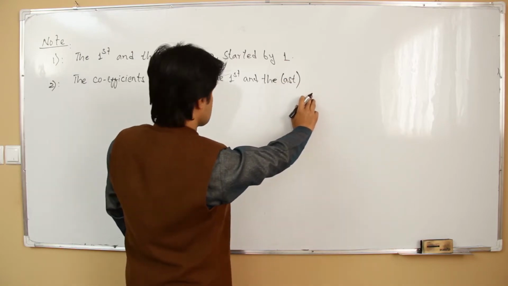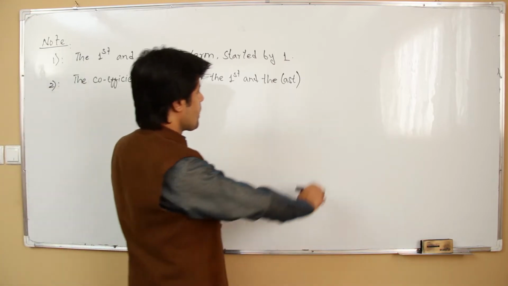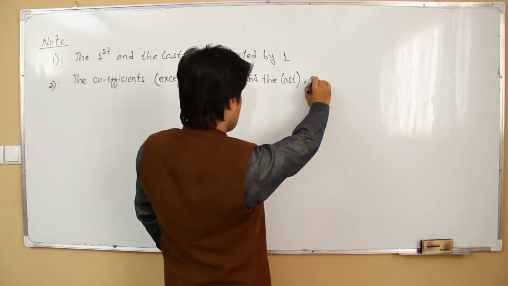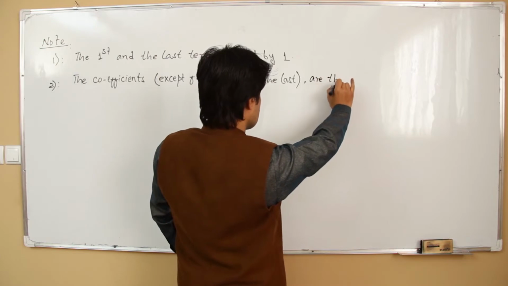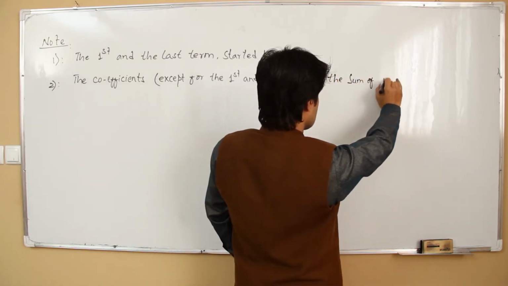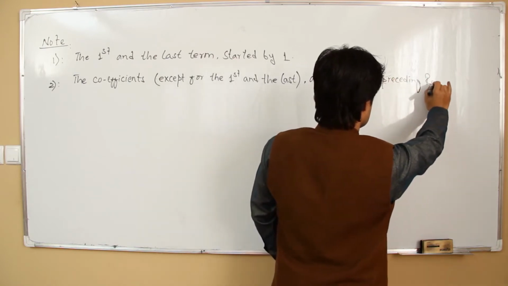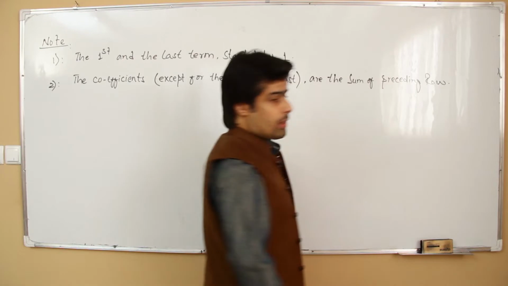The coefficients except for the first term and the last term are the sum of preceding row. I think you have got.